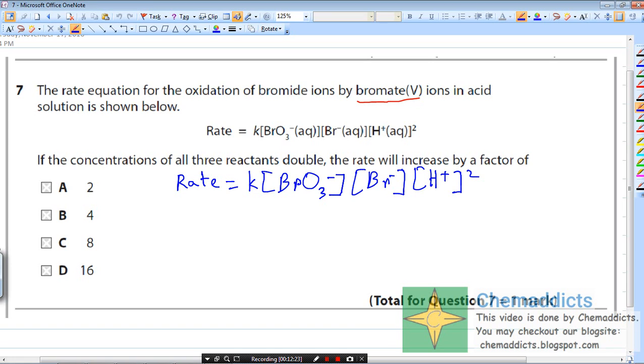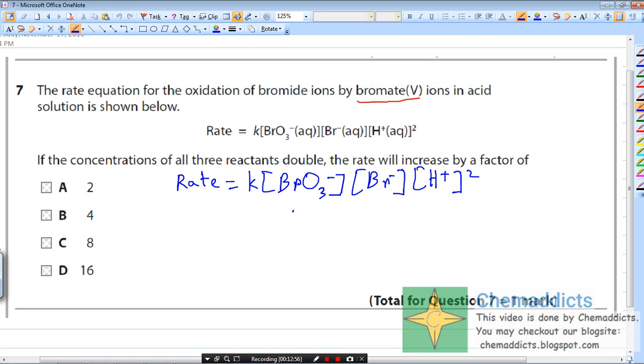Now let us read the question once again. The rate equation for the oxidation of bromide ions by bromate ions in acid solution is shown below. If the concentrations of all the reactants double, the rate will increase by a factor of this. They have said that the concentration of all these reactants is being doubled.